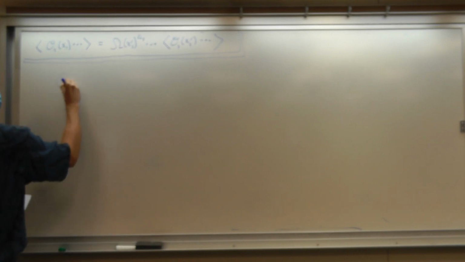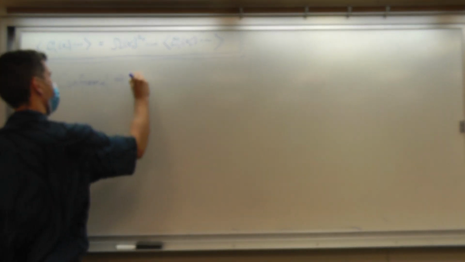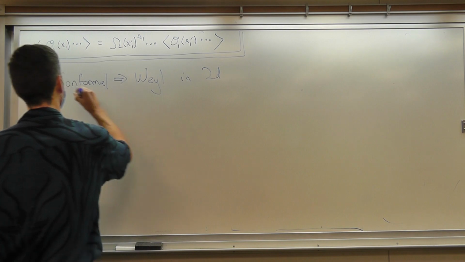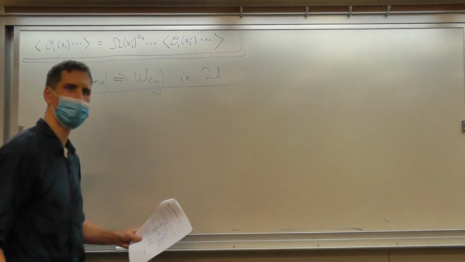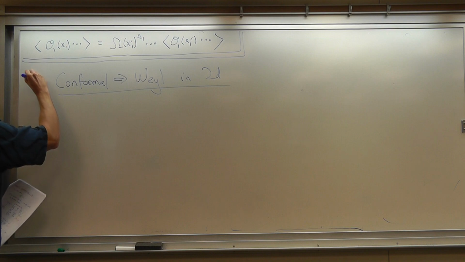I'm now going to prove for you that conformal was Weyl in 2 dimensions. And in the process, we're going to derive the anomaly equation for 2-dimensional CFT. I'm going to mark this optional, okay?